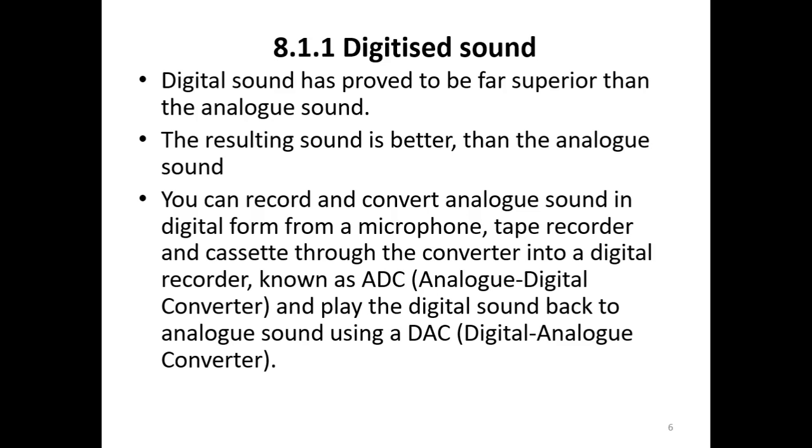Now we talk of digitized sounds. Digital sound has proved to be far superior to analog sound. So there is digital and analog, and digital is far more superior, as the sound is better. You can record analog sounds from a microphone using a tape recorder and cassette, and through a converter turn them into digital form. This is known as an ADC, an analog digital converter.